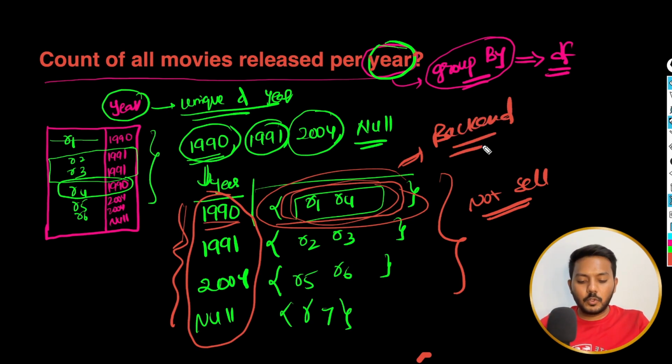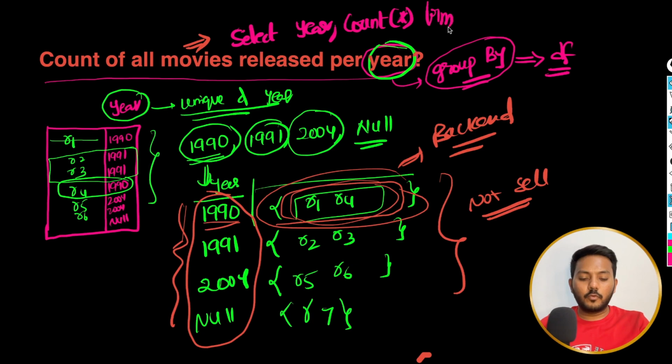Then, to solve this query, I would do something like this: select year, comma, count star from movies group by year.